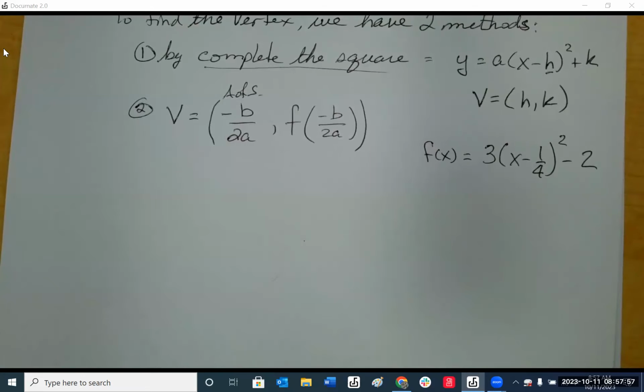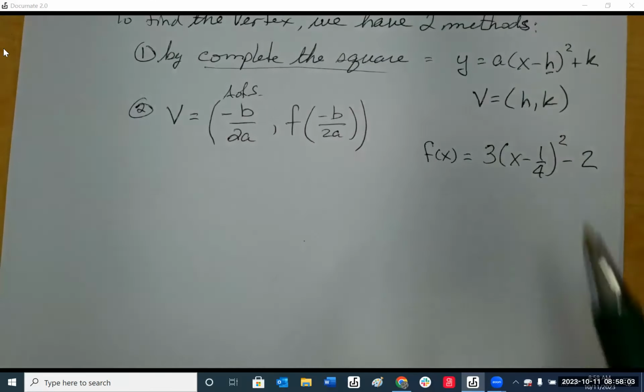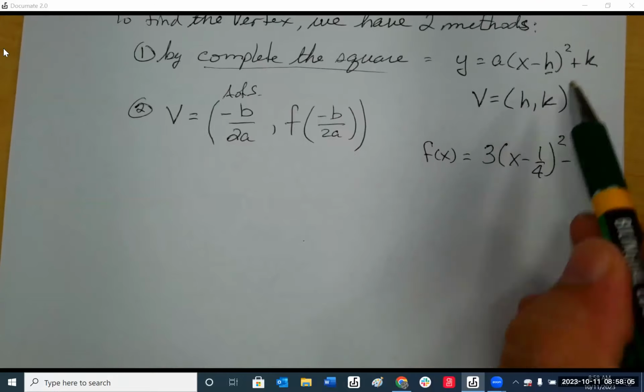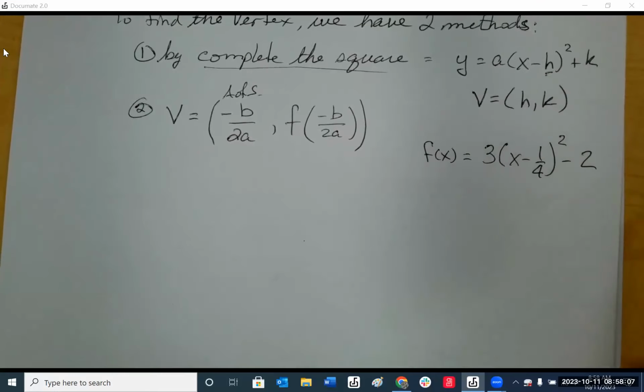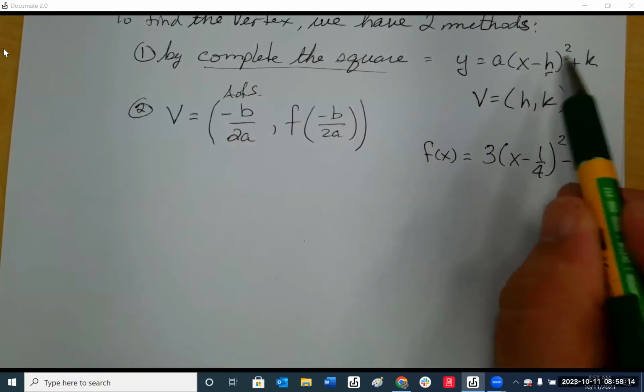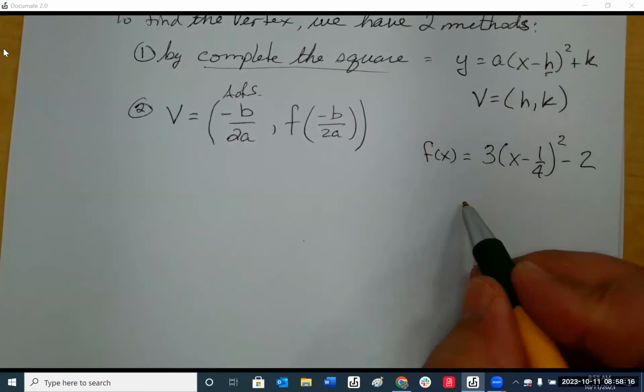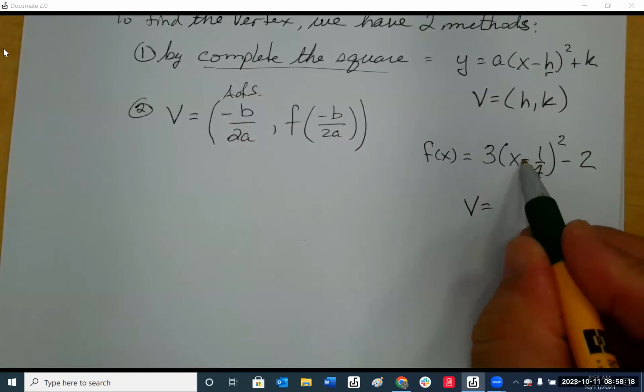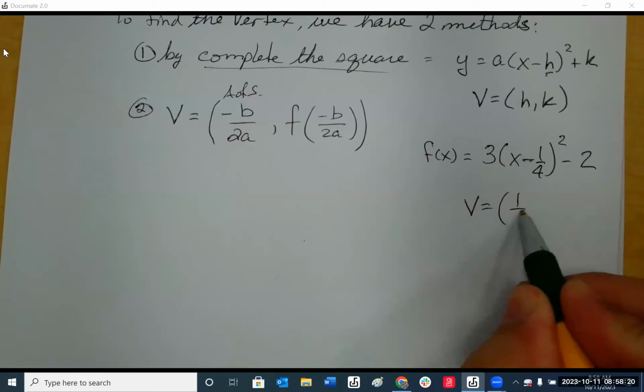Where's the vertex? Remember, here's the formula. The vertex is H, K. As we said in chapter 1 and in chapter 2, if it's inside the parentheses, it's the opposite. So since it's a negative 1/4, the vertex is a positive 1/4.